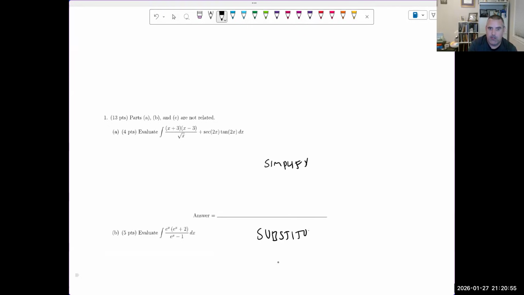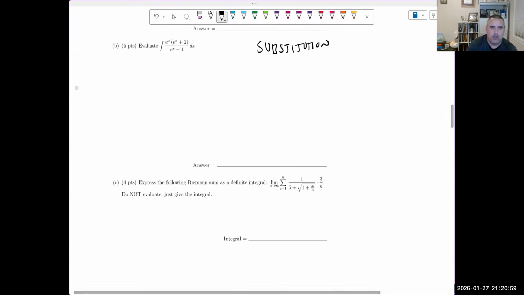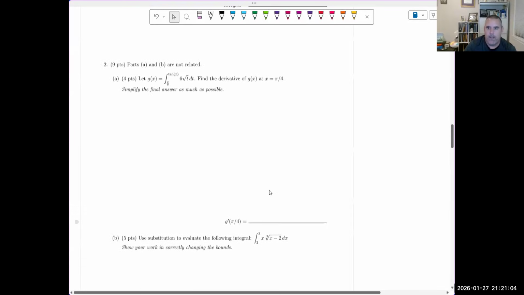In fact, that's probably one of the harder substitutions I've had. This is a Riemann sum, so we're going to be able to rewrite this as an integral. On the final, we'll have a sheet of integrals, yes, but not for this first midterm. It's just those 10. I want you to put them on your sheet. 5 pages of questions on the test.